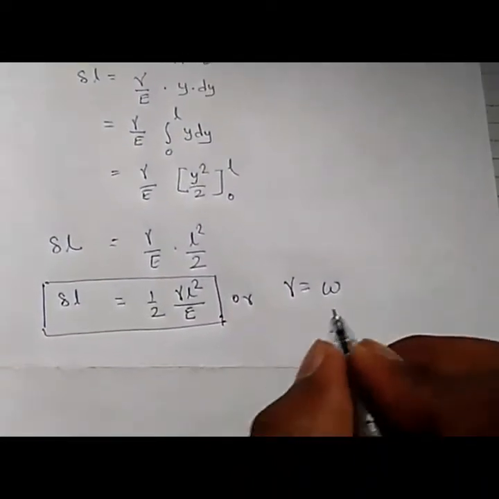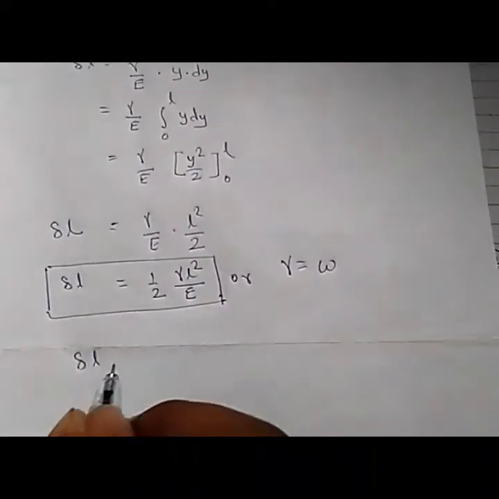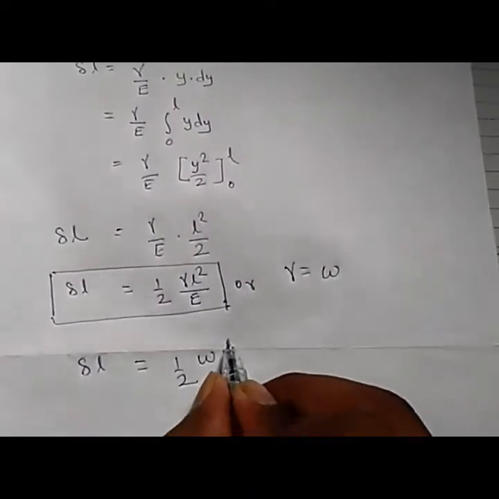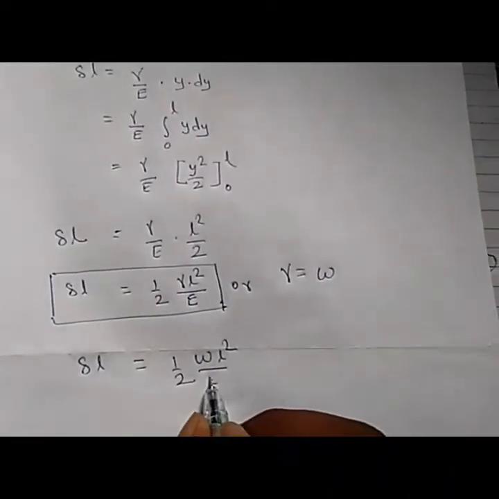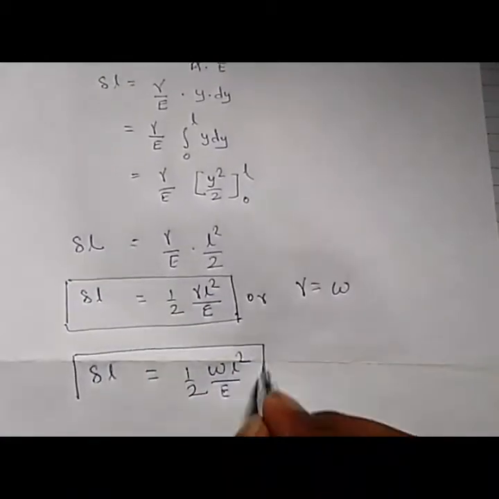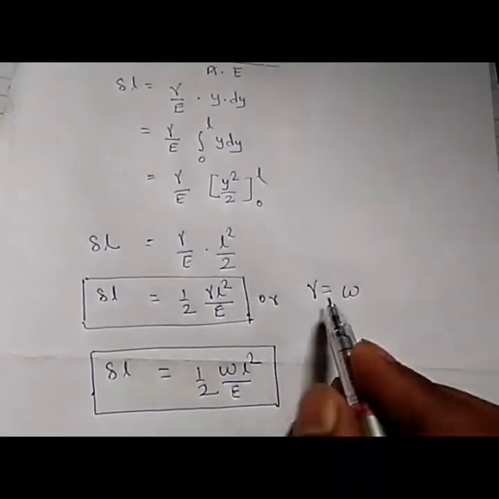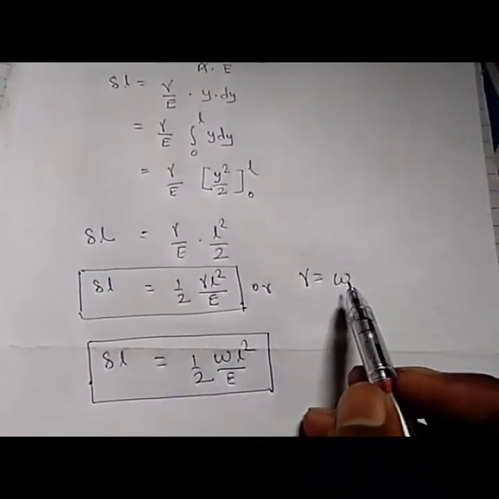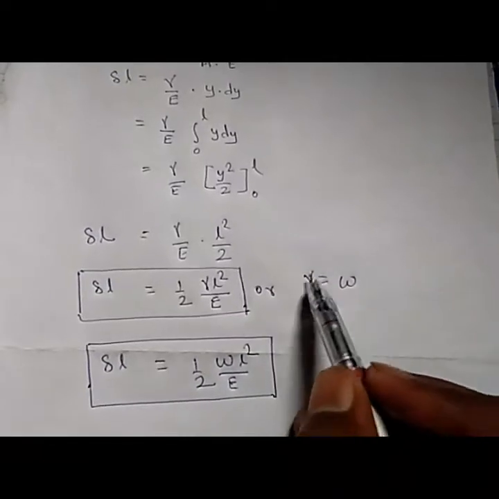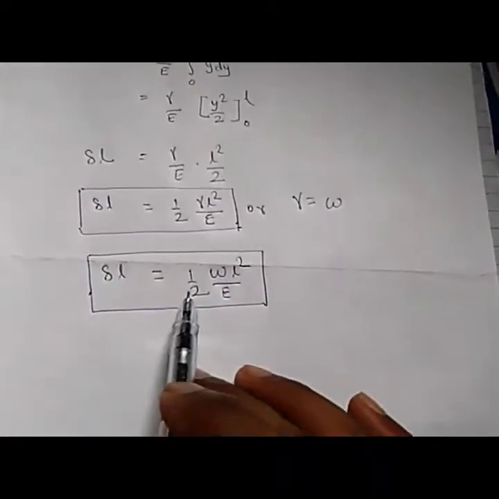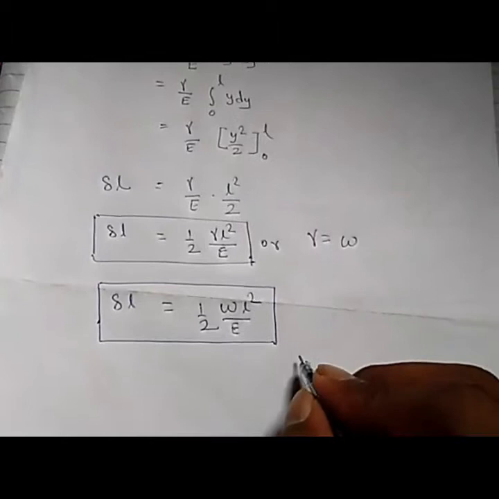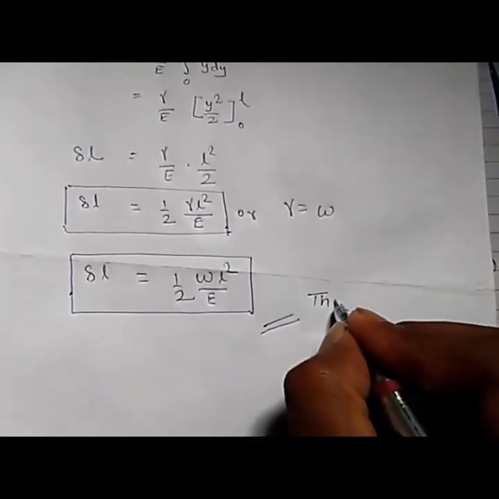So we can also write this formula as delta L is equal to 1 by 2 w L square by E. So don't get confused by this symbol and that symbol; both are the same. We can use small w as the unit weight of the bar, or gamma as the unit weight of the bar. Hence delta L is equal to wL square by 2E. Hence this is proved. Thanks.